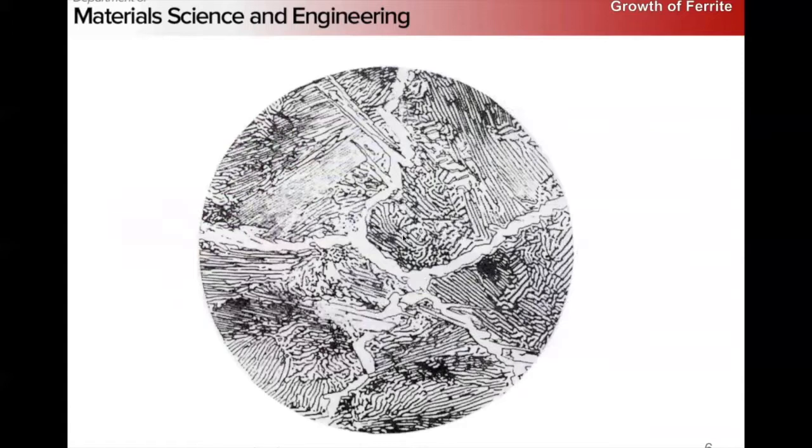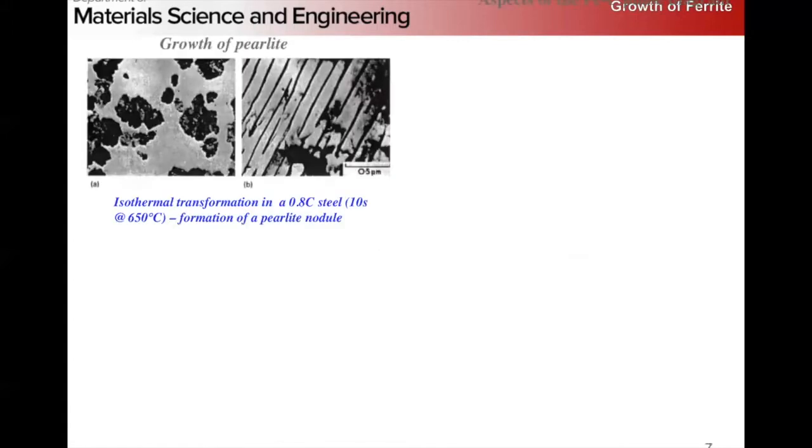All right. So in this case here, we see this is a hypereutectoid steel. We have proeutectoid cementite growing on the prior austenite grain boundaries, with the perlite colonies essentially taking up the entire prior austenite grain.